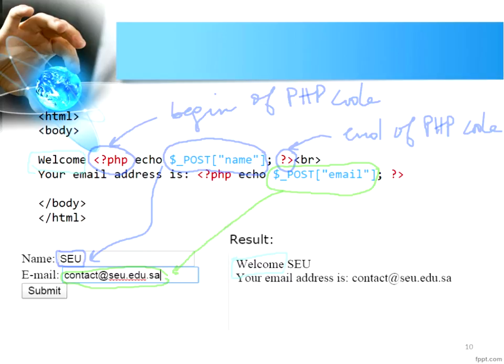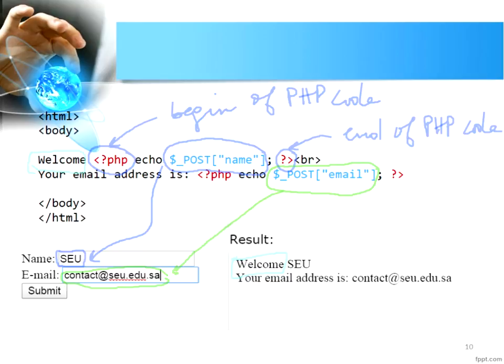After that, echo PHP $name gives me SEU. Yes. So in PHP code, when I write $_POST email, that means give me the value sent in the POST request of the variable email.